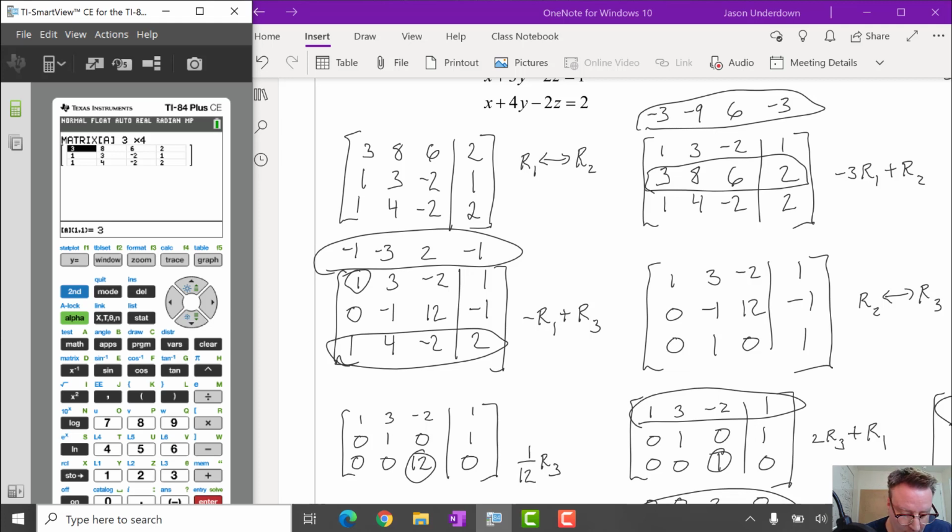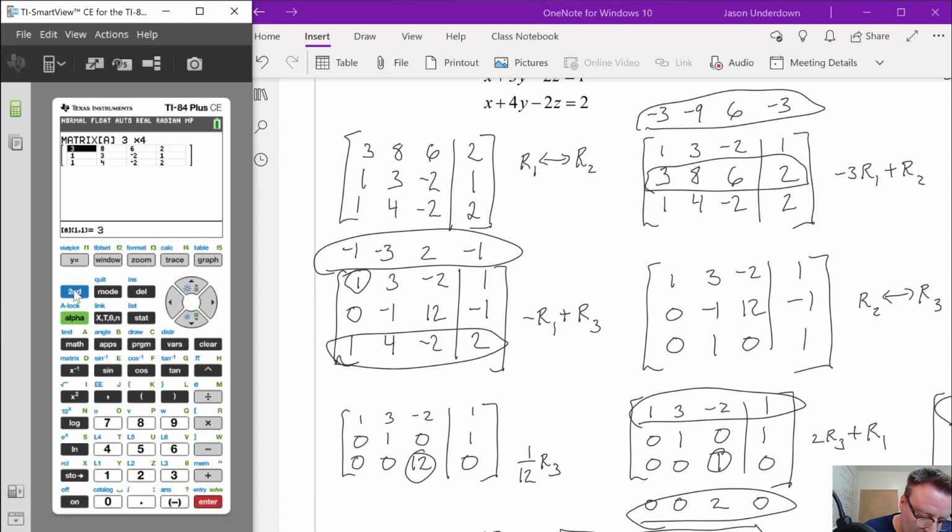All right. Okay, so now what I want to do is put the RREF command into the command window. So I'm going to go to Matrix, and I need to cursor over to Math. And now I'm going to hit the up arrow key, and you'll see choice B is RREF, the RREF function.